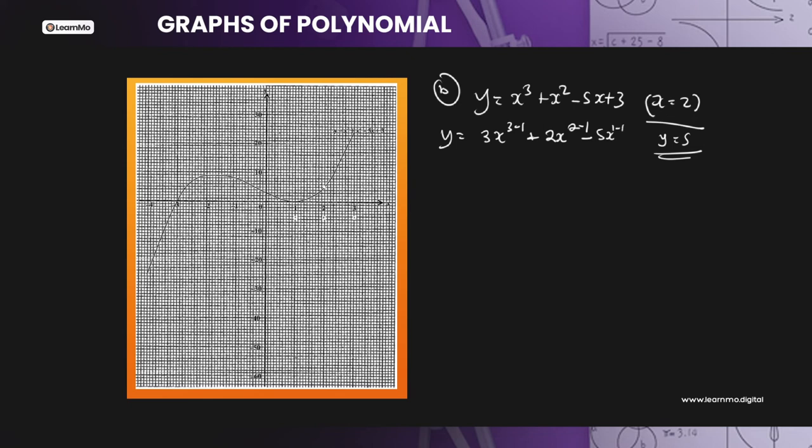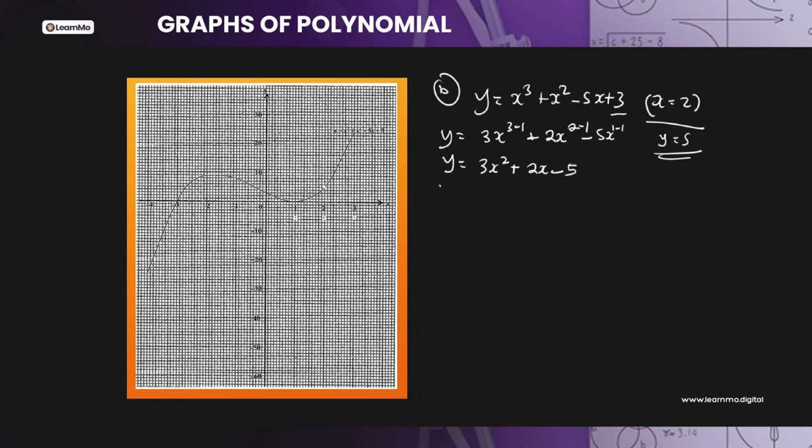The term with no letter just cancels out. So dy/dx is equal to 3x squared plus 2x minus 5, since x to the power 0 is 1. This is our gradient function.